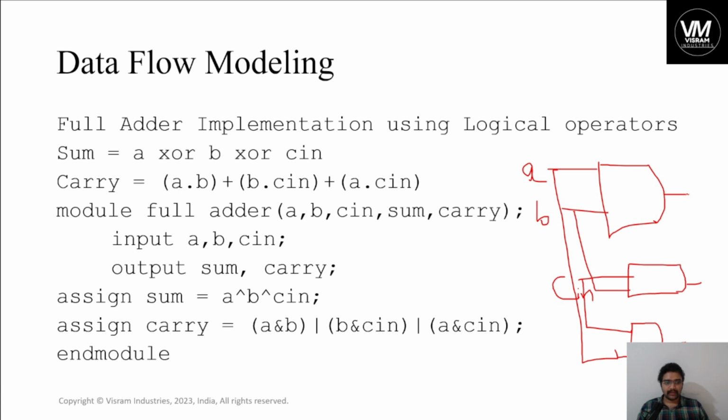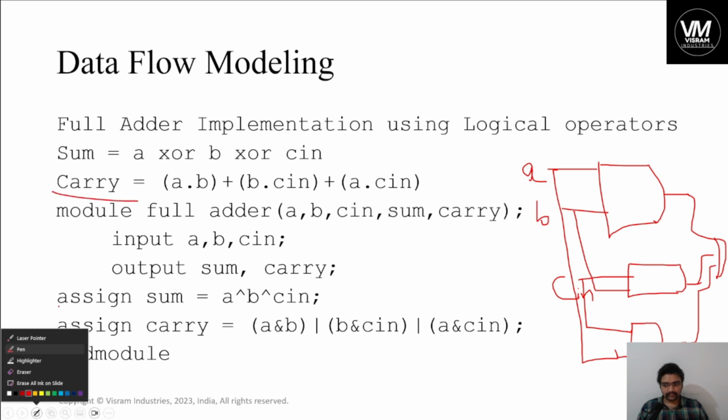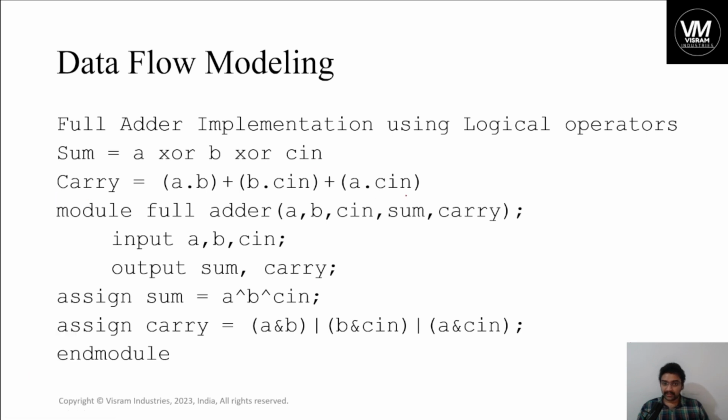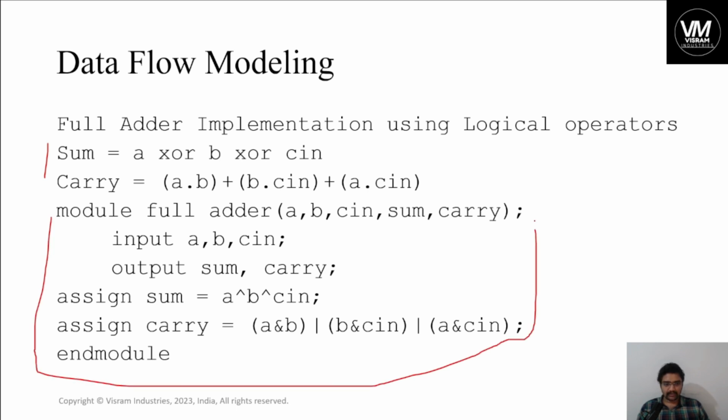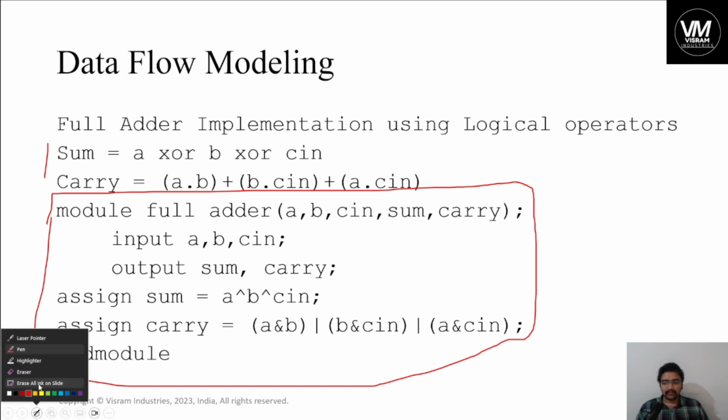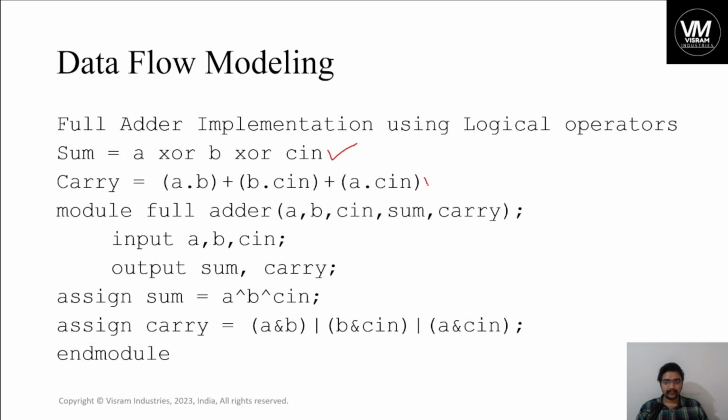So if we add all these three elements with an OR gate, that is carry. So in this way you can do it. That is how the logic circuit will be implemented. From this Verilog HDL code, your logic gate or logic circuit will be implemented. So we need Boolean equations like this for sum and carry. Remember these guys, for full adder, sum and carry will be in this way.